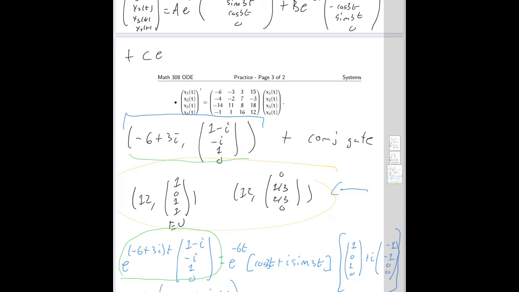Okay, this part is going to be the generalized eigenvector part, e to the 12t times 1, 0, 1, 1, plus d e to the 12t times t times 1, 0, 1, 1 plus 0, 1/3, 2/3, 0. And that's it.